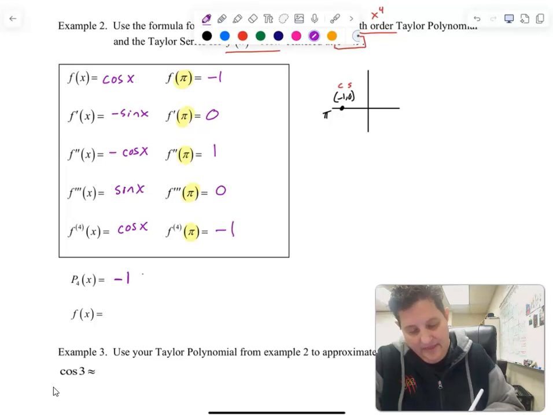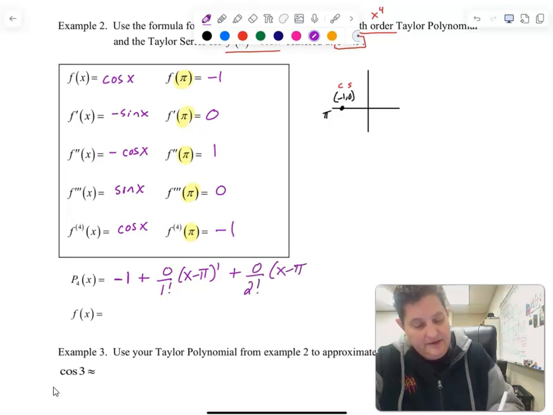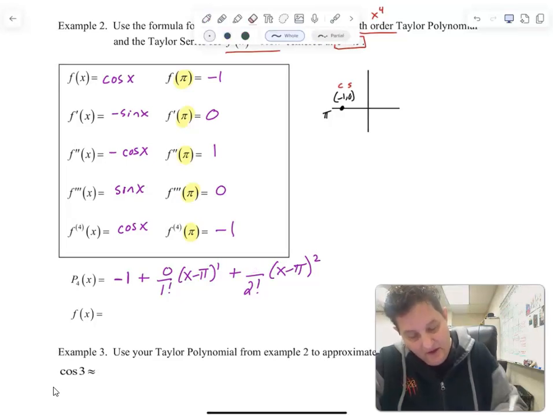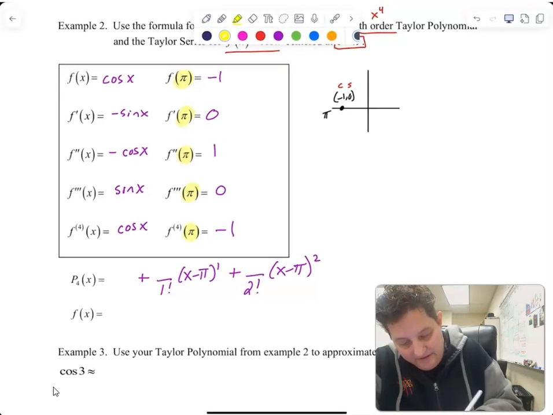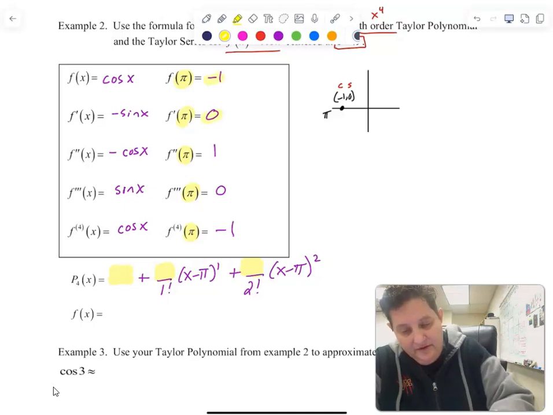And then the next one is 0 over 1 factorial, x minus pi to the 1. And then it's 0 over 2 factorial, x minus pi to the 2. Sorry, this is not 0. I'm going too fast. The numbers on top of the factorials that I'm going to place in here are coming directly off of here.